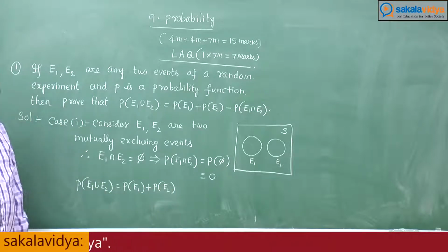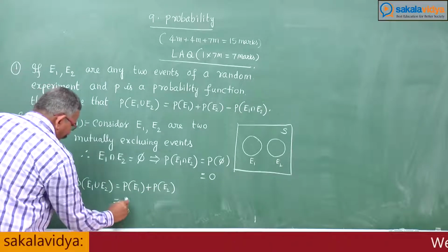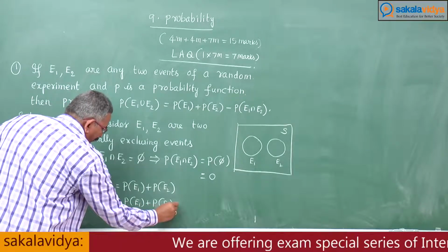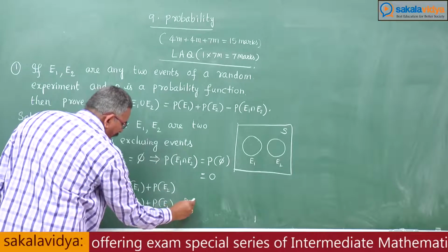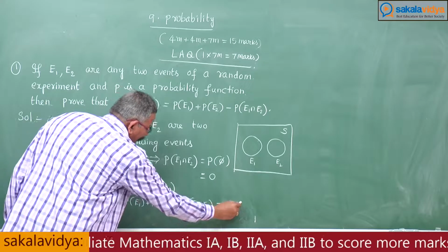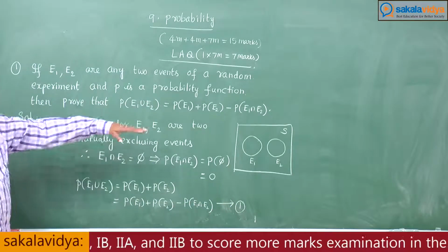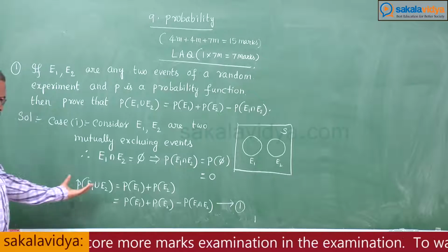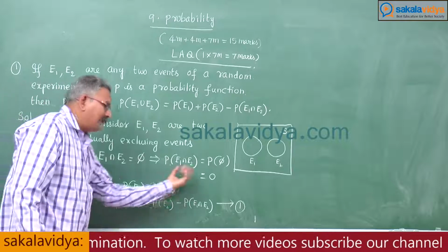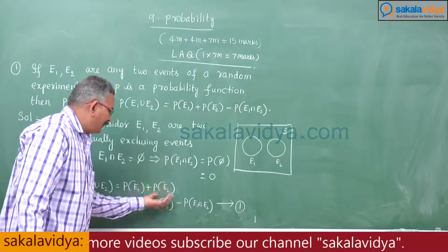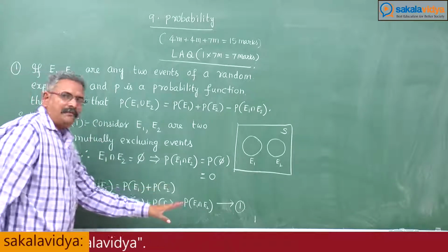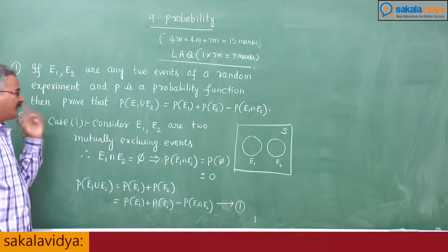Now, this can be written as P of E1 plus P of E2 minus 0, that is nothing but P of E1 intersection E2, say equation 1. Now, if E1, E2 are two mutually exclusive events, we have proved P of E1 union E2 is equal to P of E1 plus P of E2 minus P of E1 intersection E2. Because this is 0, it won't make any problem for us. So, we proved case 1.